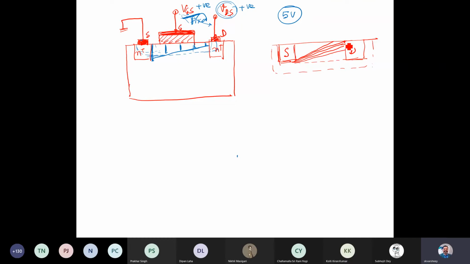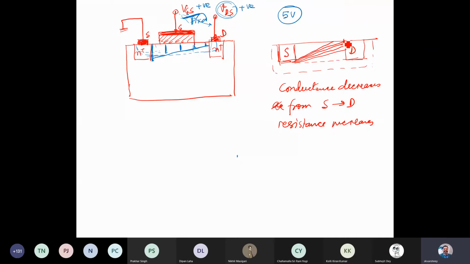What you see is that the channel keeps on decreasing, so the conductance decreases from source to drain. It means the resistance increases.